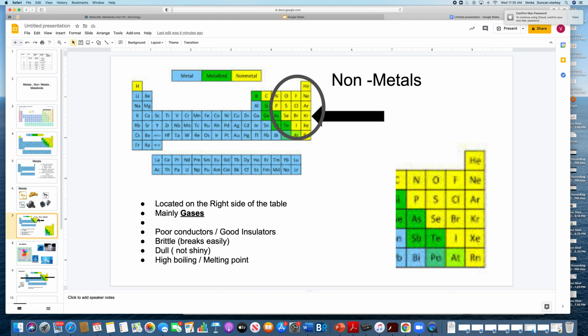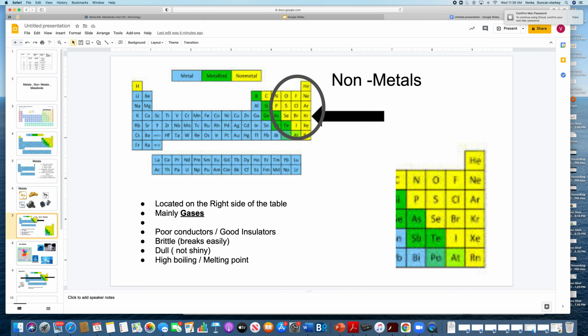An example of a nonmetal would be carbon. A real world example of carbon would be coal. If you look at a piece of coal, it is dull. It's not shiny. When you hit it with a piece of hard substance, it can break or shatter into pieces easily.